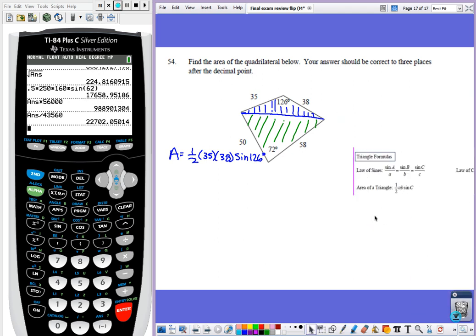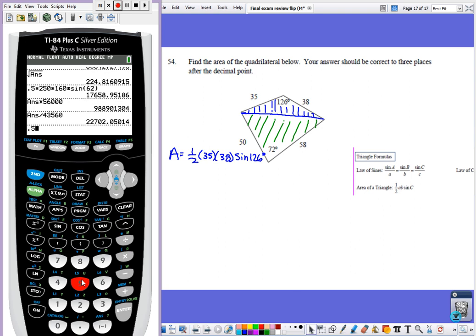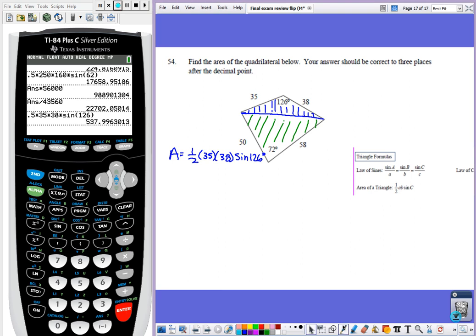So 1/2 AB sine C. Type that in, 0.5 times 35 times 38 times sine of 126, and we get 537.996 is the area of the blue, right?